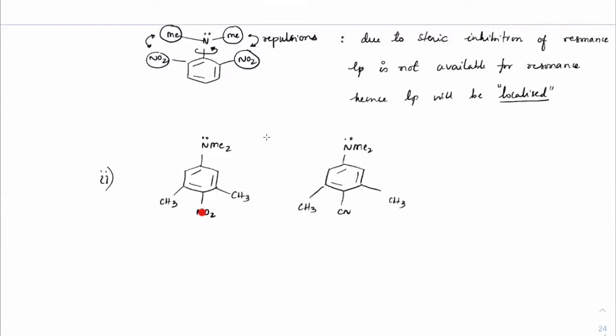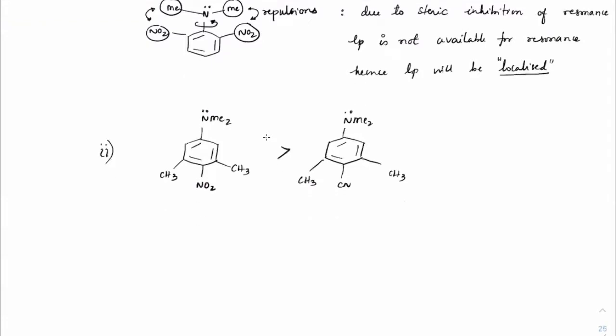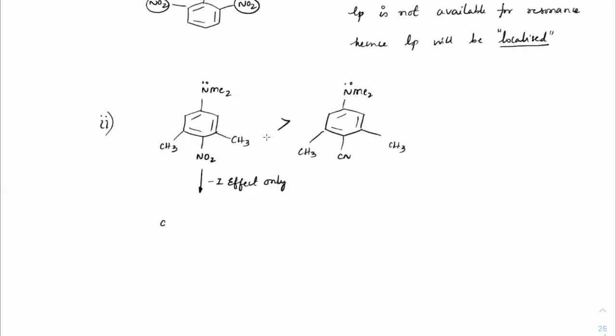Now which one is more basic here? First one is more basic, right? Check out, NO2 here is showing only the minus effect. Why? Because due to the SIR effect, this NO2 won't be involved in resonance, because the pi bond of this nitrogen would be perpendicular to that of this pi bond. So this is also due to the SIR effect.